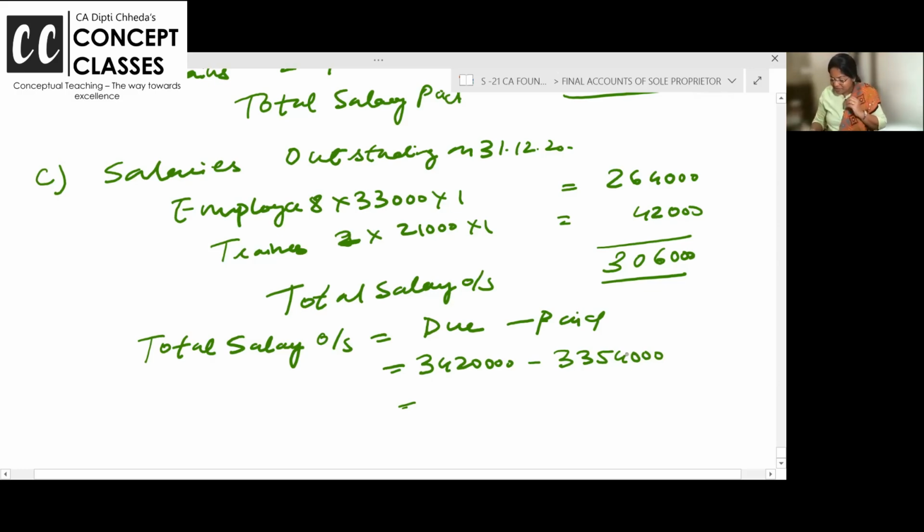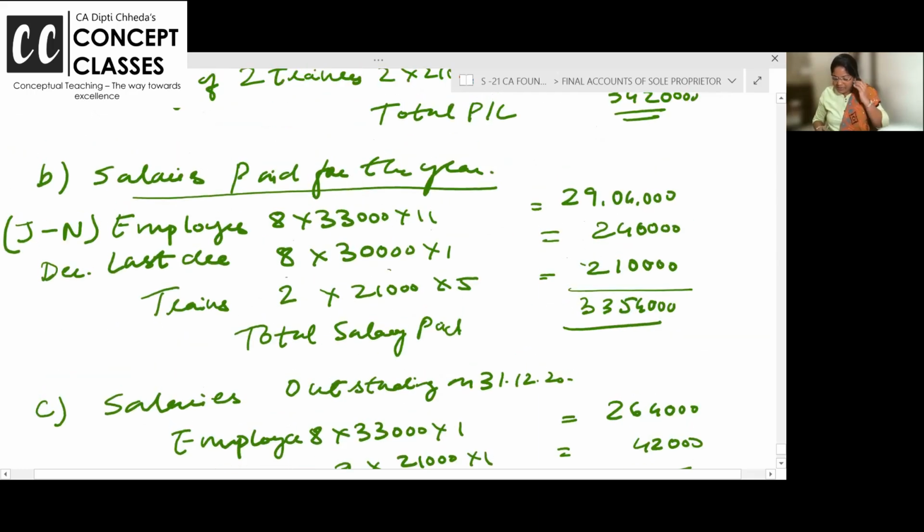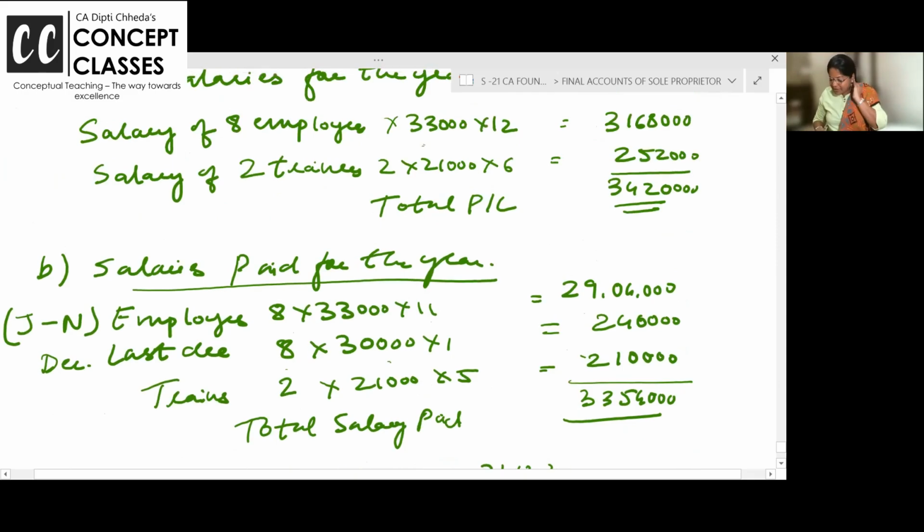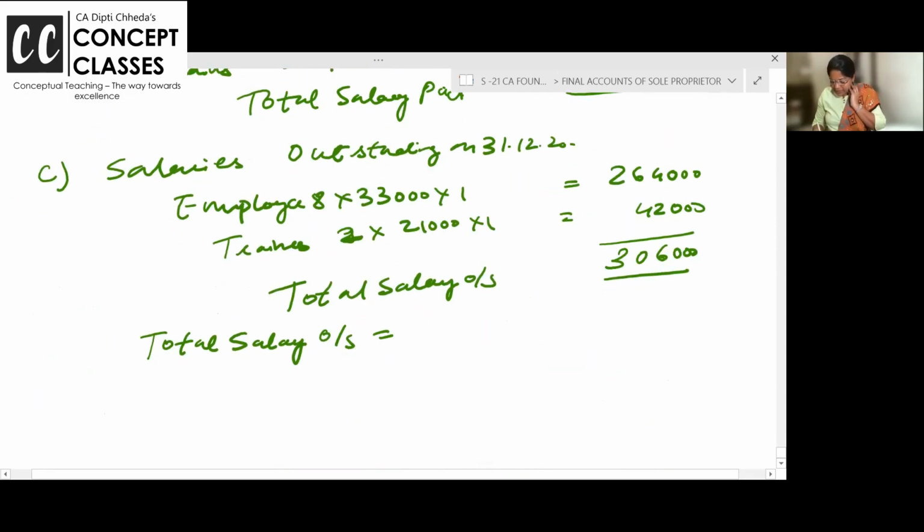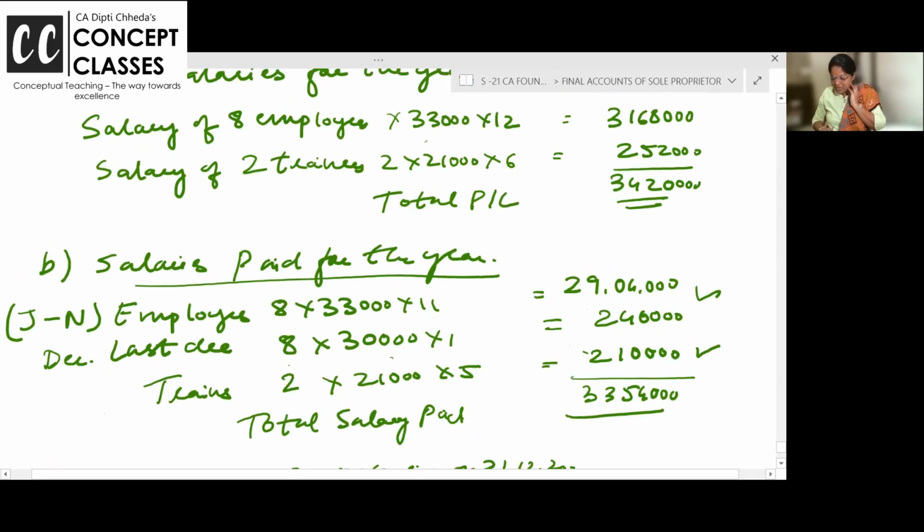Sorry. Wrong logic. Why will it tally? Only the current year's payment will tally, no? You have also paid last year's extra, the 30,000, no? Only if you tally current year's due and current year's paid, you can tally. If you want, you can write the extra, but it is not needed. 34,20,000 is for this year.